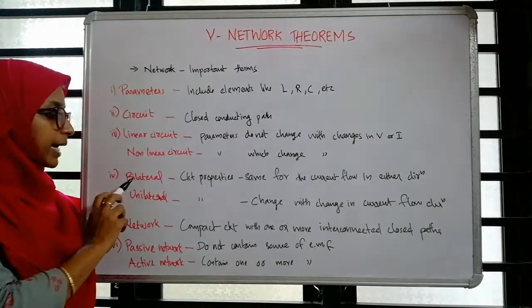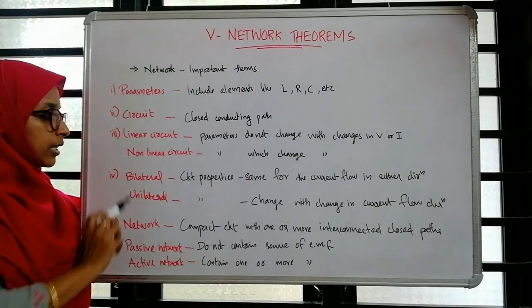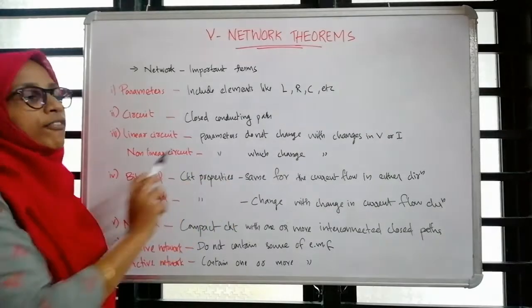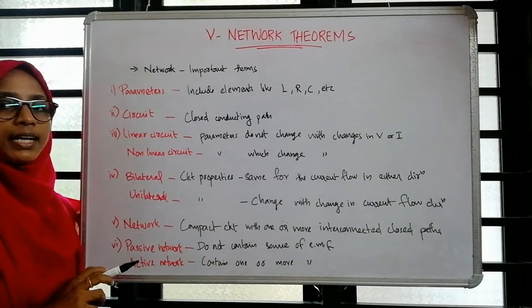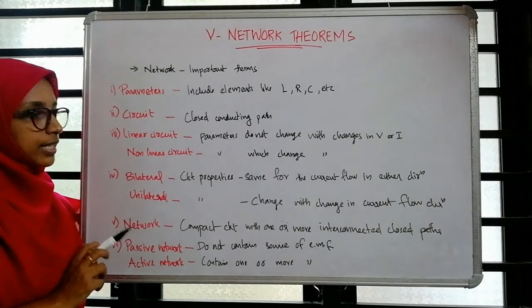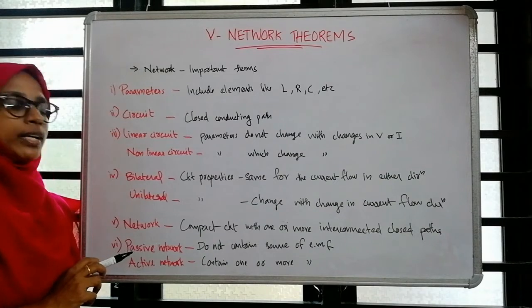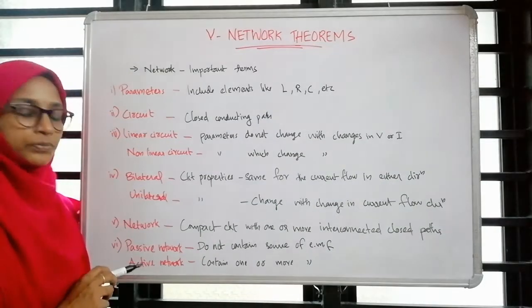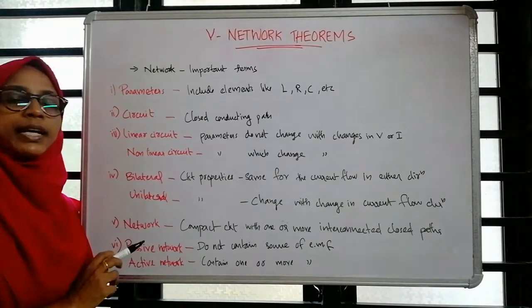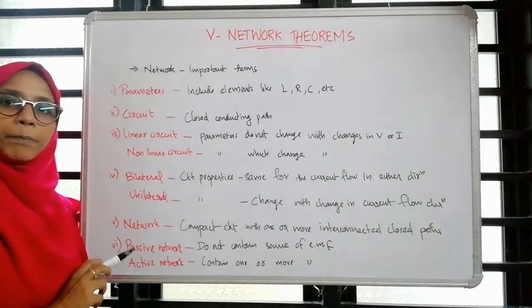And also bilateral and unilateral. If the circuit properties remain the same for current flow in either direction, that is said to be bilateral. If the circuit properties change with the change in current flow direction, that is unilateral. And also the network. It is a compact circuit with one or more interconnecting closed conducting paths.